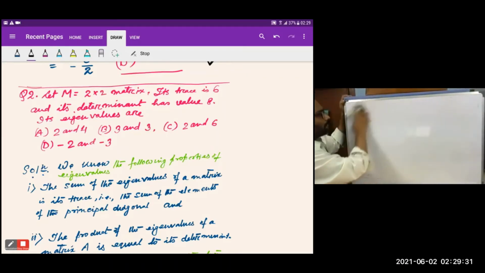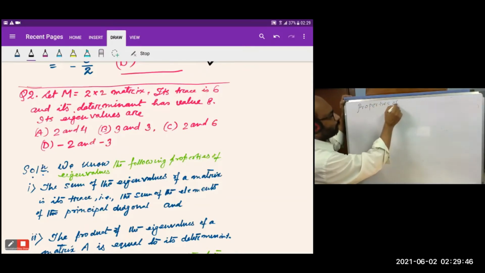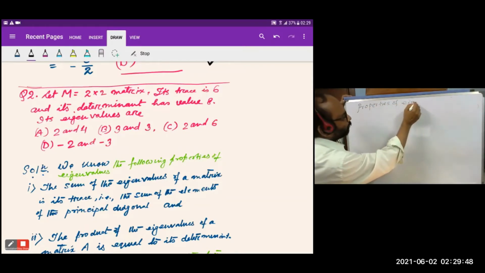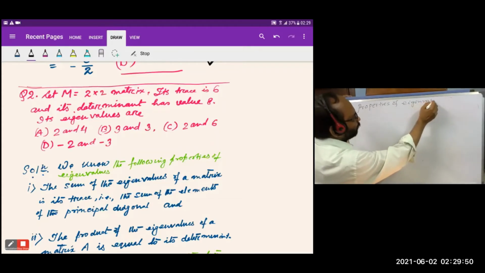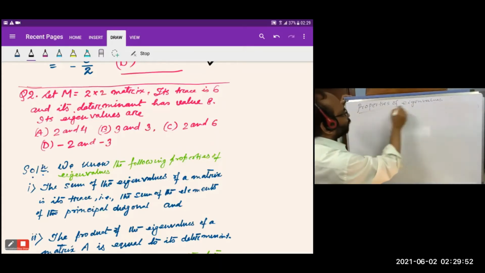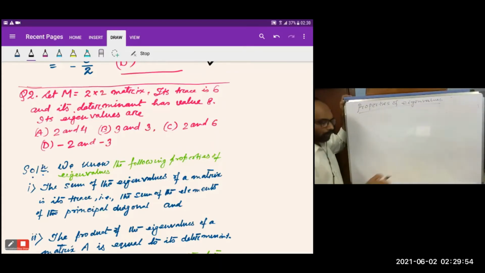Its eigenvalues are, 4 options are given. Which one is the right one? So let's see the properties of eigenvalues. There are several properties. We are going to use 2 of them.